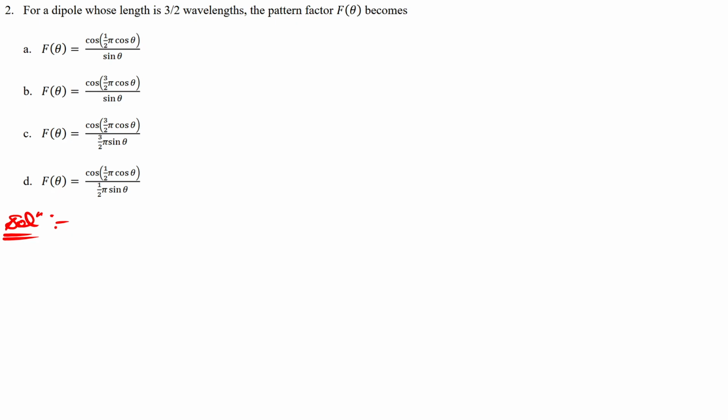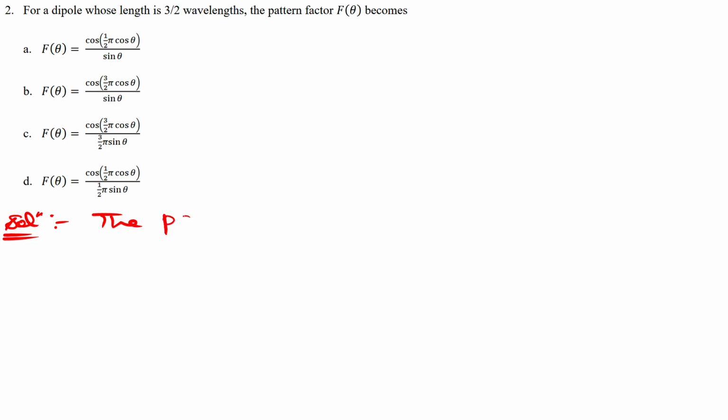So for question number 2: a dipole whose length is 3 by 2 wavelength, the pattern factor f theta becomes. So now we have to find the pattern factor for a dipole whose length is given as 3 lambda by 2. This is a simple question, because we know the formula for the pattern factor.